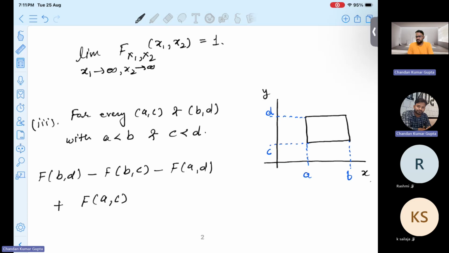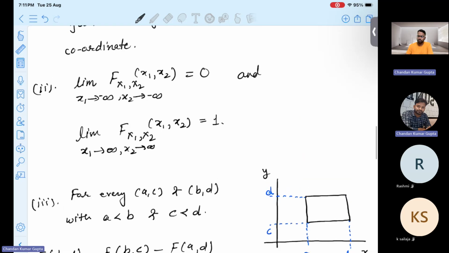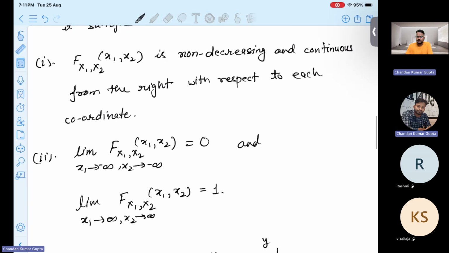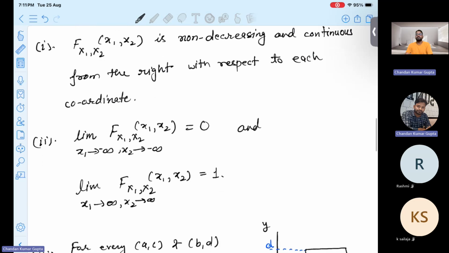This quantity must be greater than or equal to 0. That is, non-negative. Okay. If these three properties hold for a function, then that is the joint cumulative distribution function.